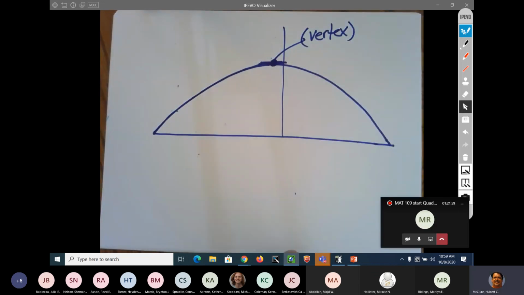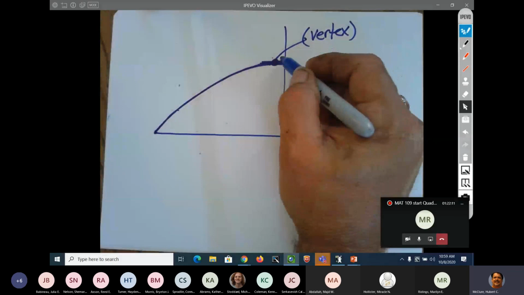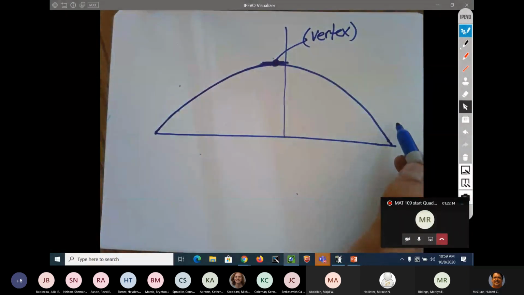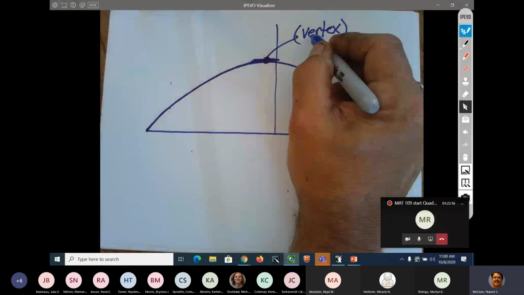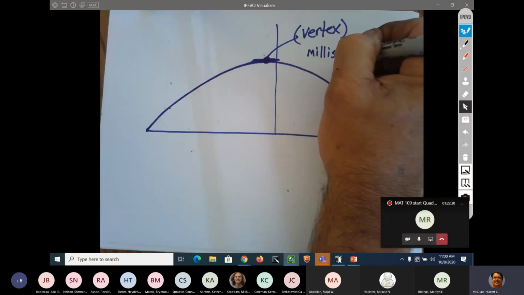I don't care if you're throwing a baseball in the air or a cannonball or a basketball, or if you jump to dunk a basketball and come down. Everybody at this point for a millisecond is what?